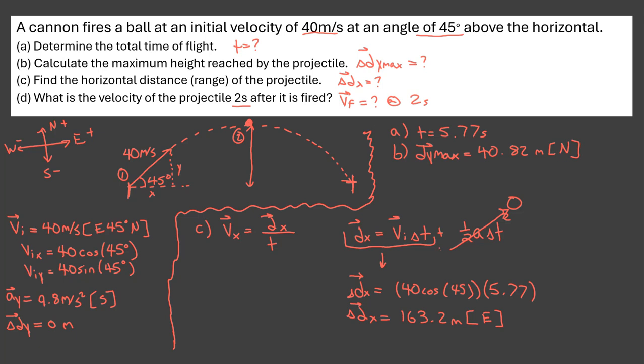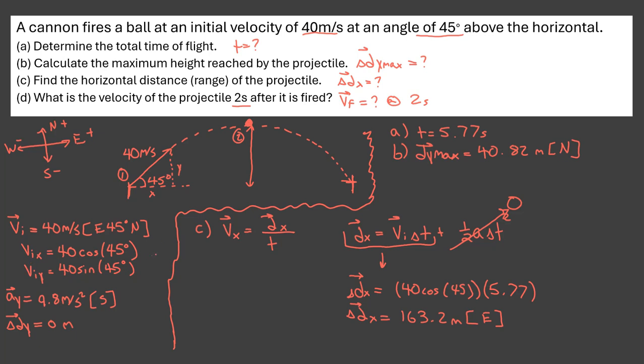And again, just to clarify, that initial velocity that I'm using remains the velocity at the initial state, throughout the middle, at the end, right, because there's no acceleration changing that initial velocity.